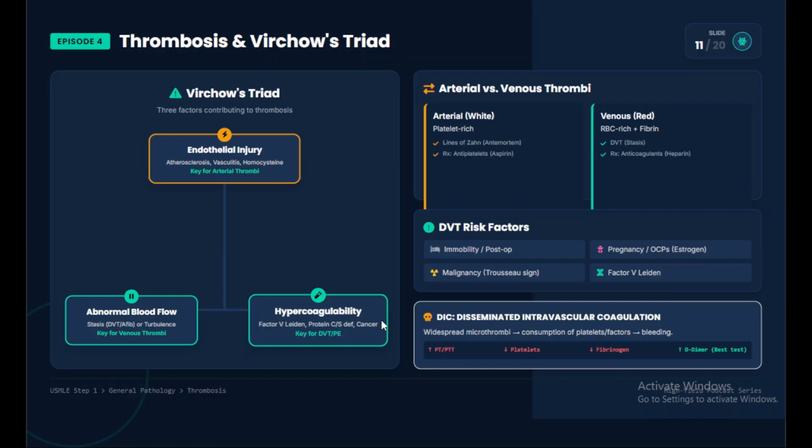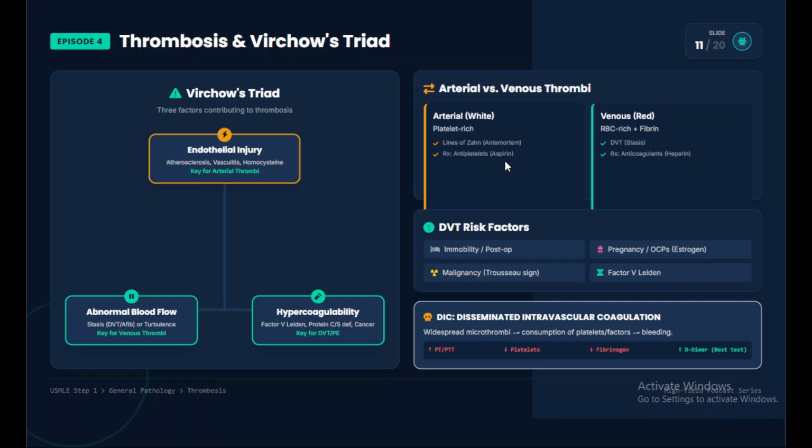So that's it. Now, if I talk about arterial versus venous thrombi, it is first of all very critical to distinguish between the arterial and venous thrombi, because their composition and treatment differ. Arterial thrombi are platelet rich. It is a white thrombus.